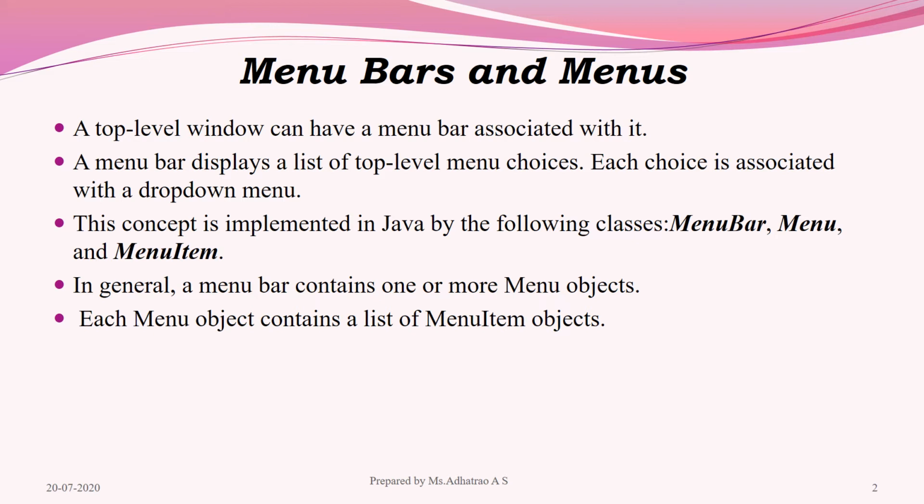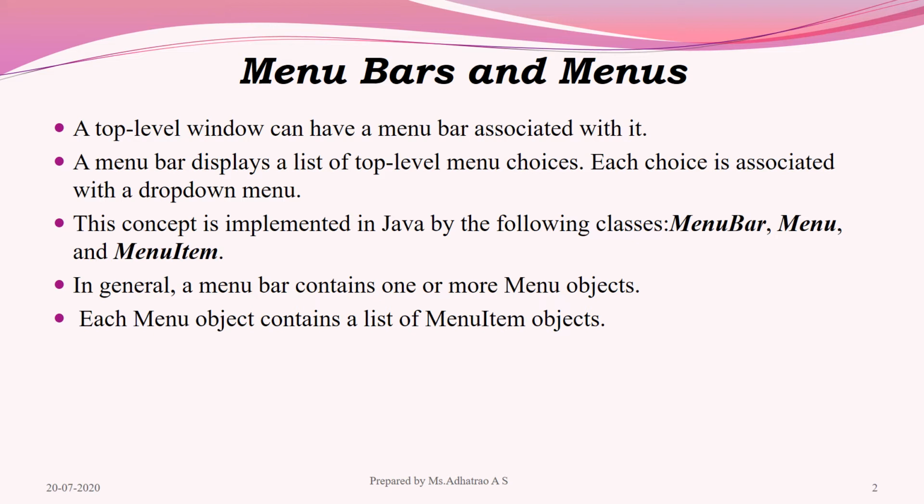This concept is implemented in Java by the following classes: MenuBar, Menu, and MenuItem. So to implement menus, there are three classes in Java: MenuBar, Menu, and MenuItem. In general, a menu bar contains one or more Menu objects. Each Menu object contains a list of MenuItem objects.